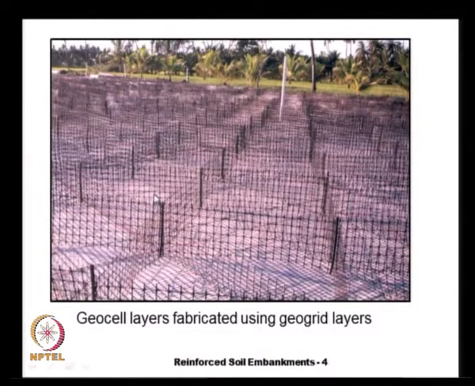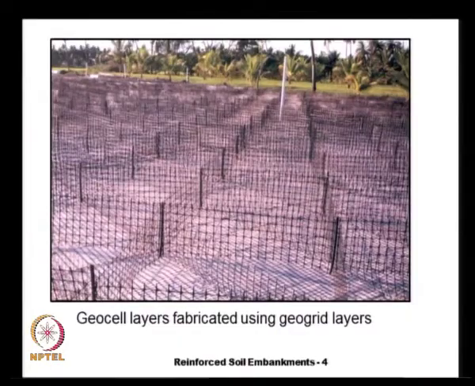This bottom geogrid layer acts as a separator, and when we infill these geocell mattresses with some granular material, the bottom layer prevents the separation or the downward flow of this aggregate.